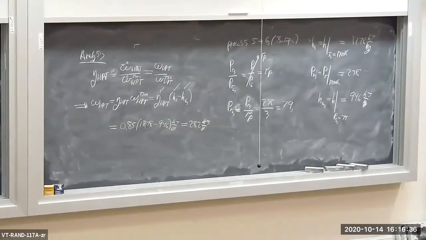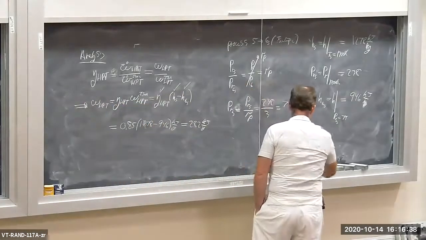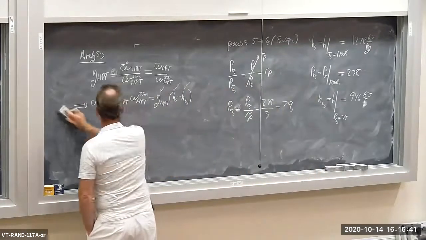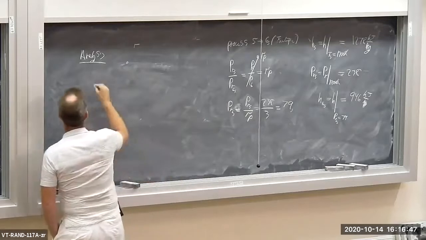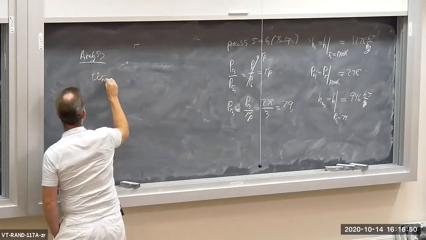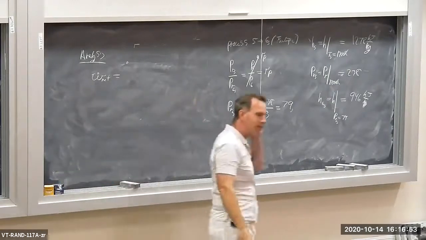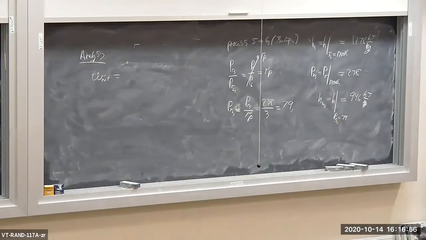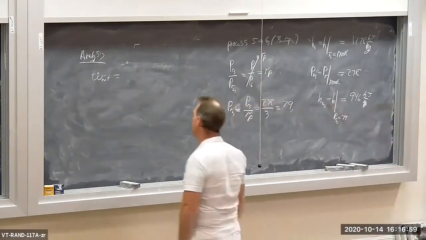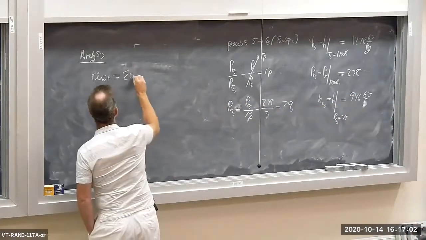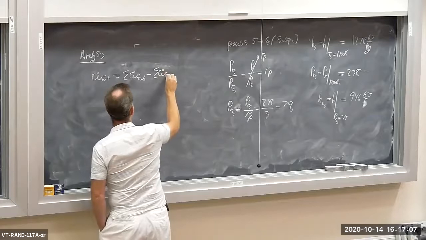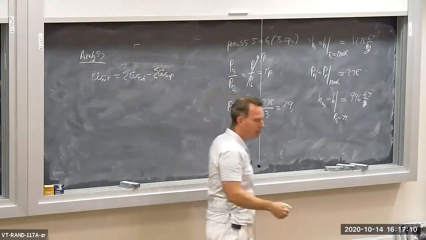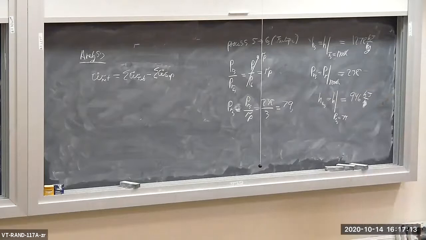What's the net work for this thing? Specific work. What's W net? Well, W dot net, the actual power produced by this Brayton cycle, multi-stage or otherwise, is the sum of the turbine powers minus the sum of the compressor powers. Remember, the turbines are driving the compressors, and any work left over is what you get from the device.